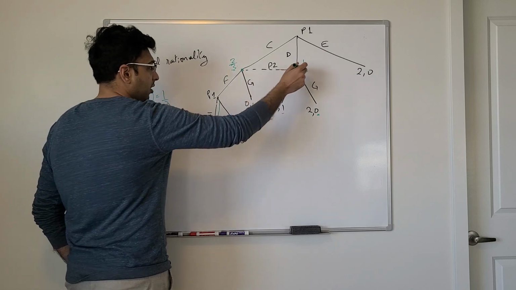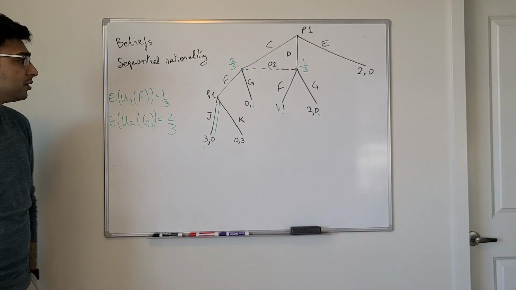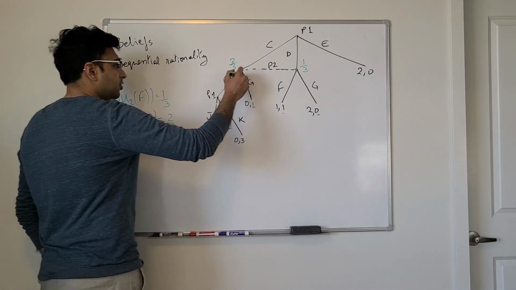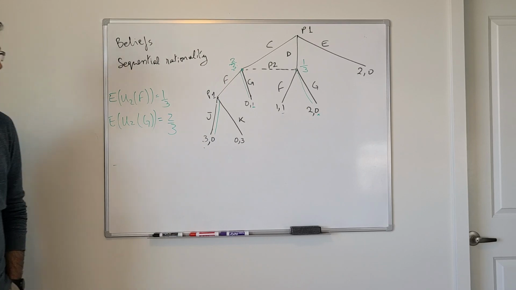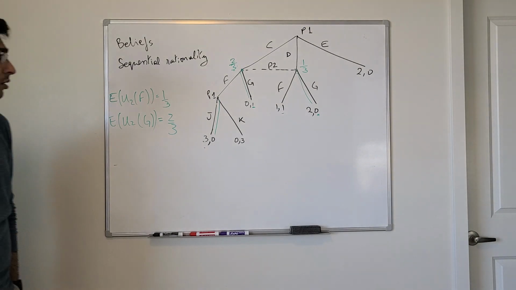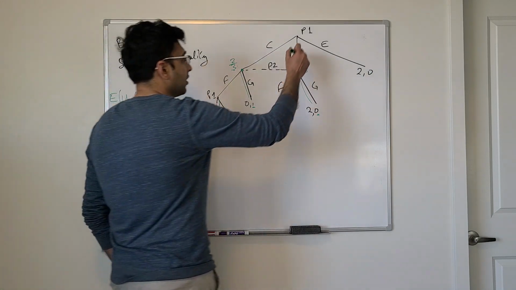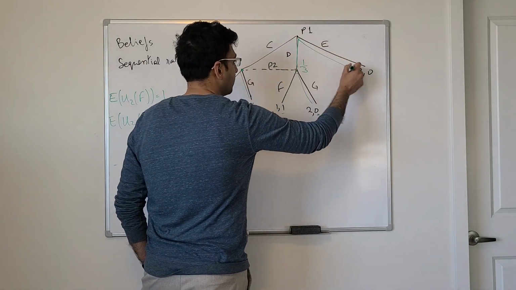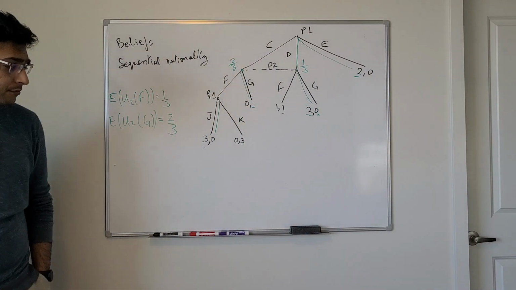Because 2/3 times 1 plus 1/3 times 0 is 2/3. So player 2 could play G. And if player 2 is playing G, then player 1, choosing between C, D, and E, is indifferent between choosing either D or E, right? Because player 1 would earn 2 either way.